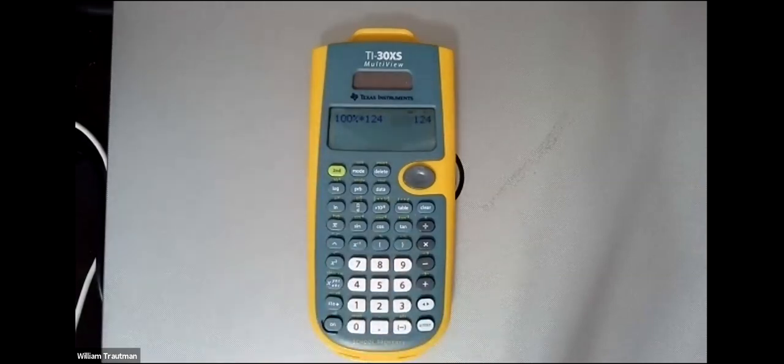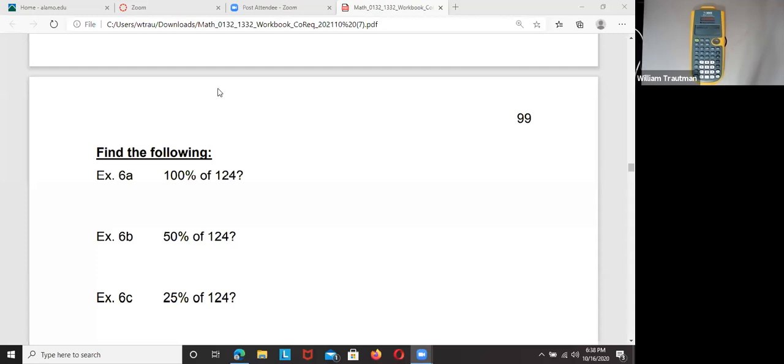All of 124 means 124. So you see, I put the percent symbol in there. So 100% of 124 is 124.